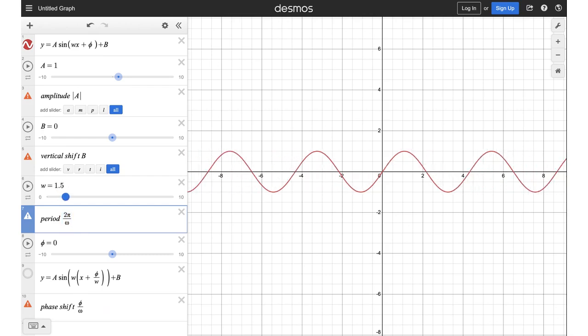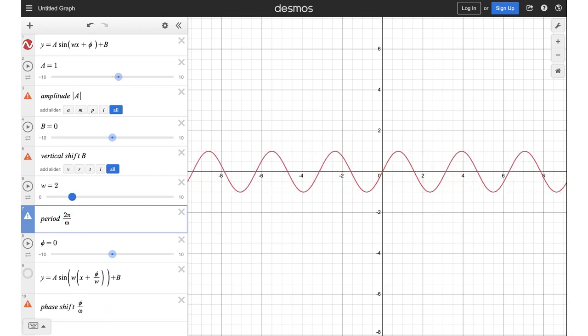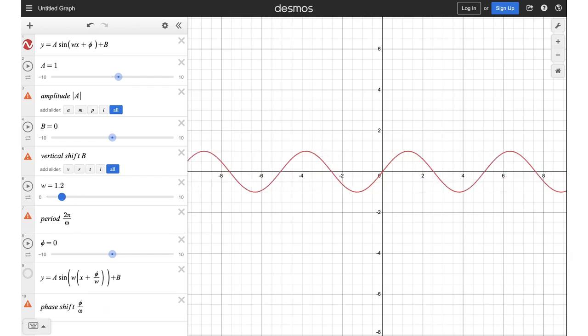So, for example, if omega is 2, the period of this function is 2 pi divided by 2, which is pi. And if you notice, there we are, a little bit over 3. That would be pi for one complete period. There's the next one. So omega changes the period of the function, horizontal stretch or shrink.